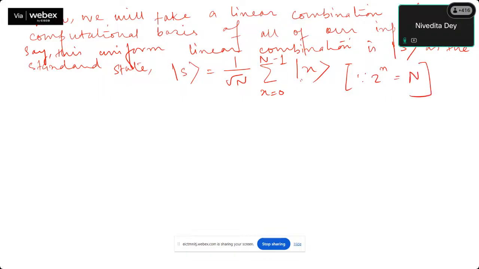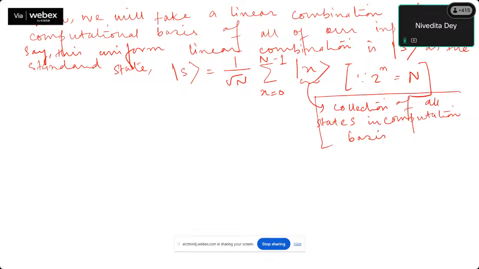So what is this x? This is the collection of all states in your computational basis, means all the 000 and so on.